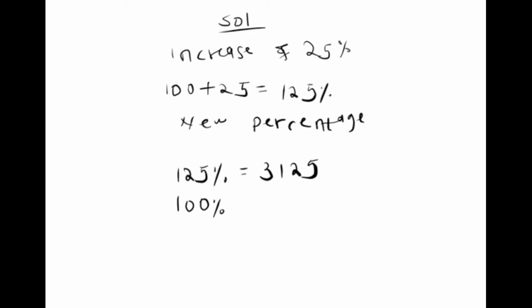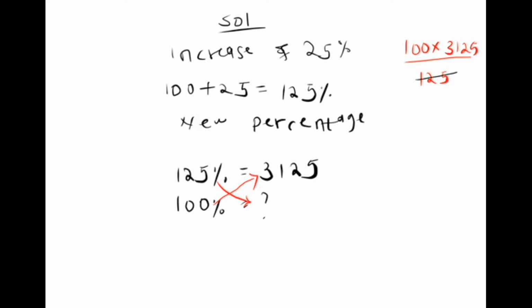The salary before the increase. From there, let us cross multiply. We shall have 100 times 3,125 over 125. Then from there we can now simplify.